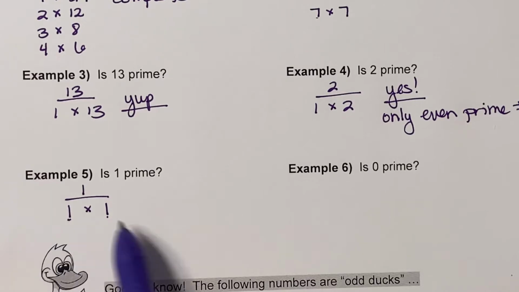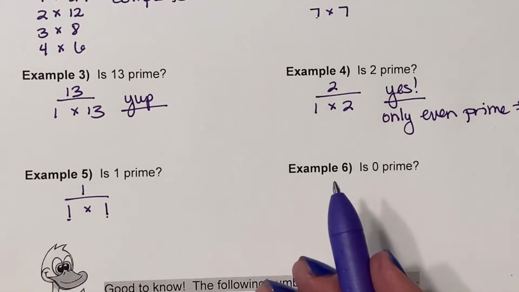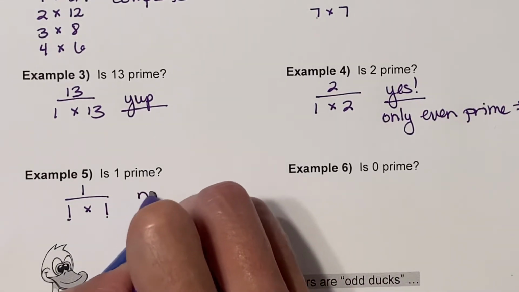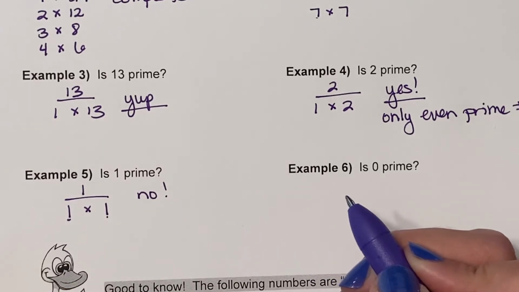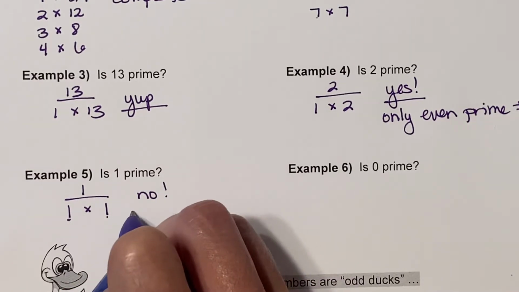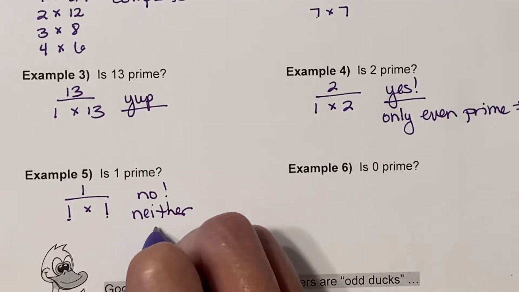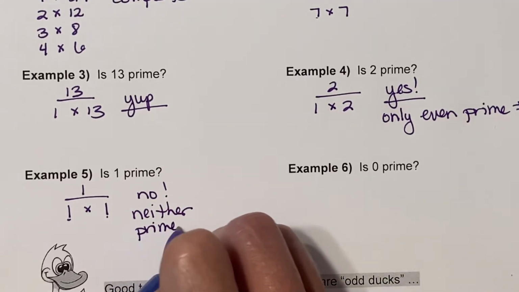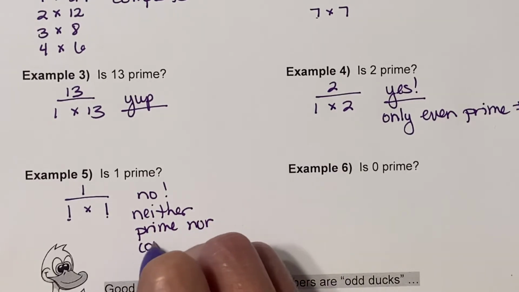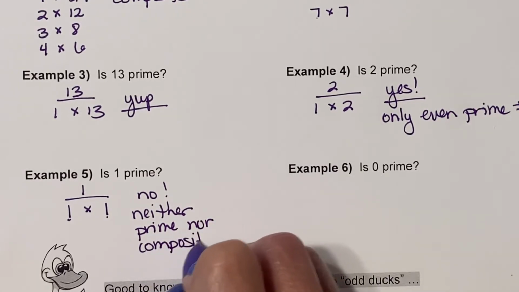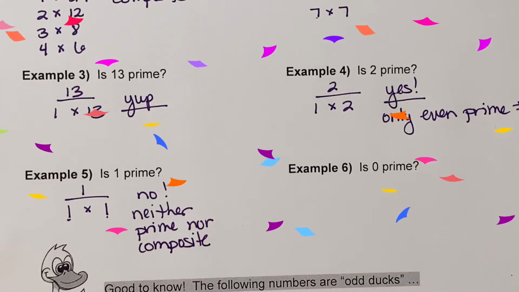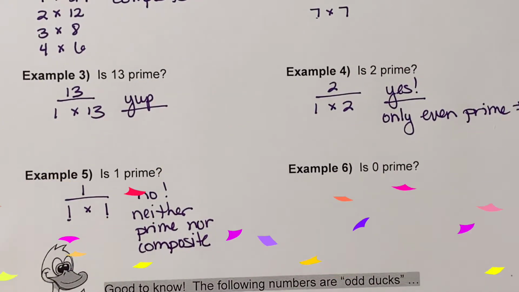This one does not have 2 factors. It only has 1 factor. So is it prime? No. Is it composite? No. It's neither. So 1 is unique. It is neither prime nor composite. It's in its own special little world. 1 is special. We pat it on the head and say, good for you.